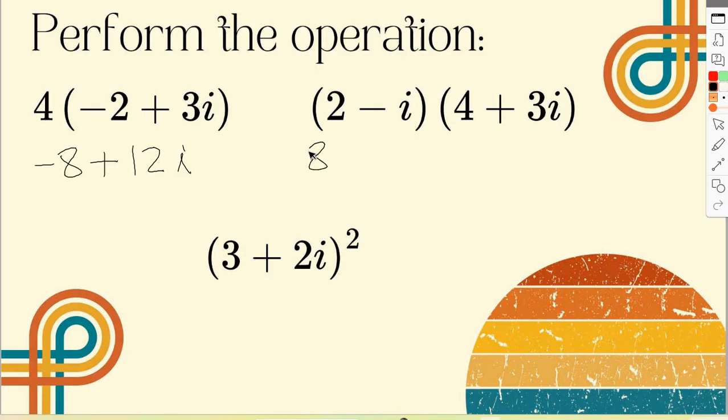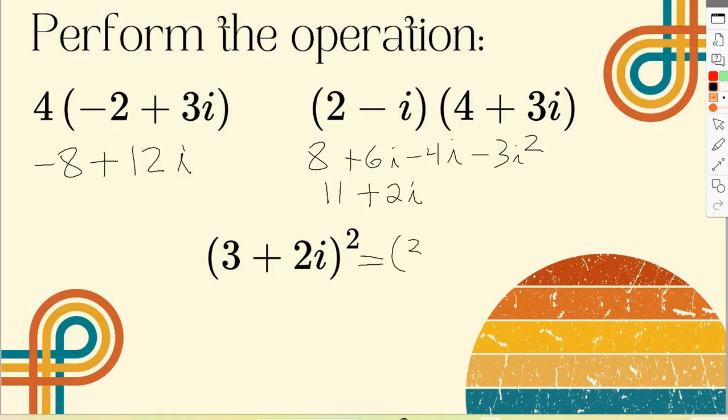So we have 8 plus 6i minus 4i minus 3i squared. But then what did we say that i squared is? -1. So our -3 becomes +3, and 8 plus 3 gives us 11. And then 6i minus 4i gives us 2i.